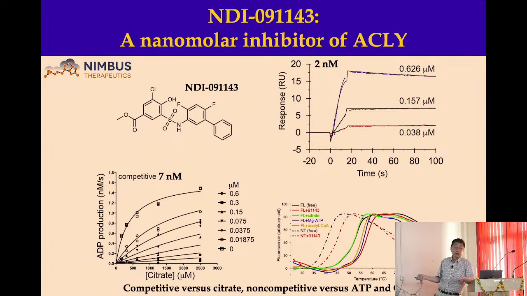So that shows the compound binds to the enzyme and also stabilizes it. This is another way you can test whether your compound binds. By measuring the shift of the TM, you can also get the KD out of it. You can do a binding assay based on this as well. Here we only did one concentration to give you a sense of this dramatic stabilization of the enzyme.